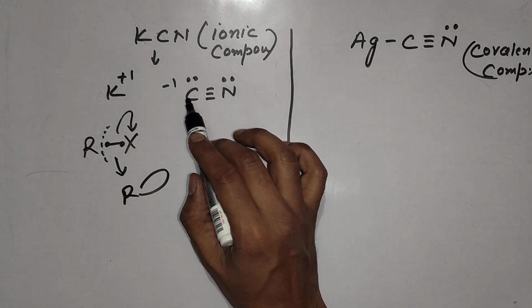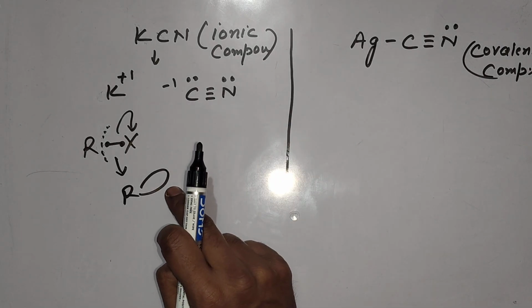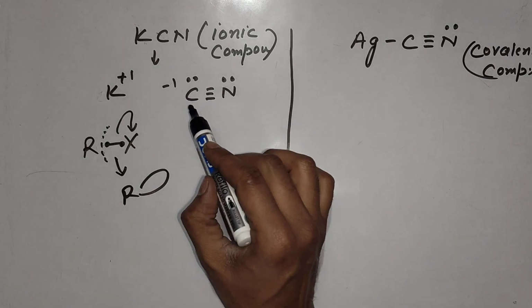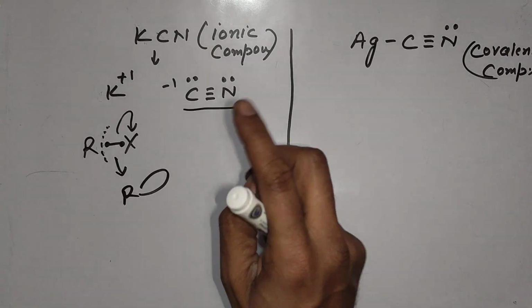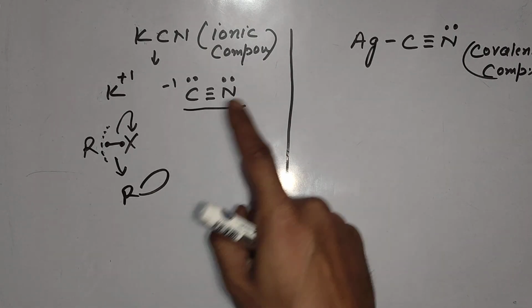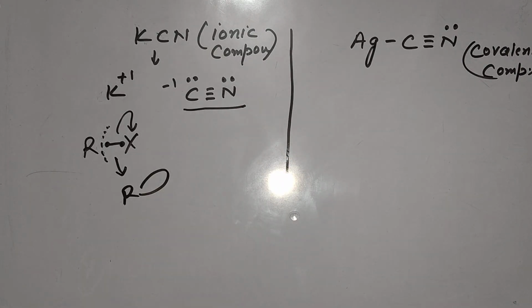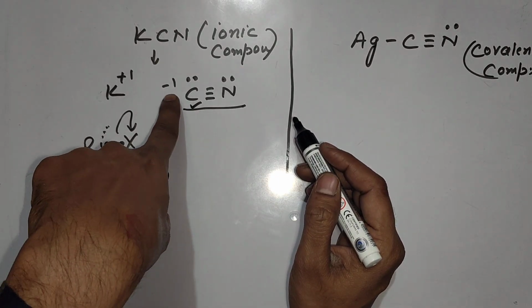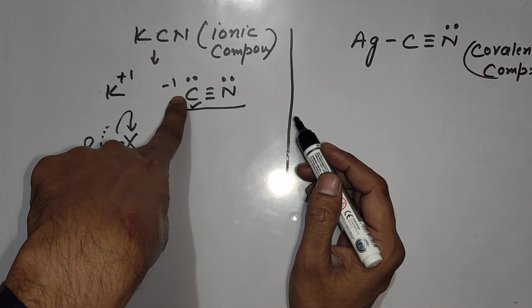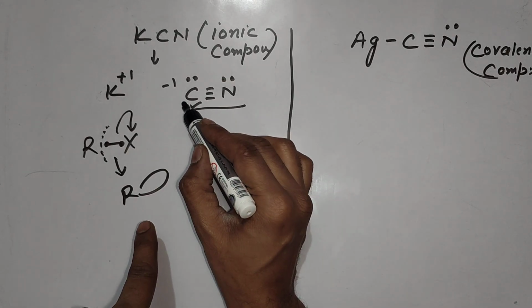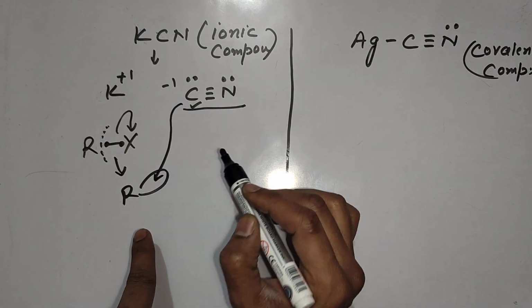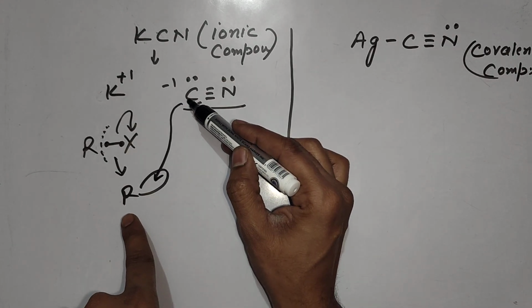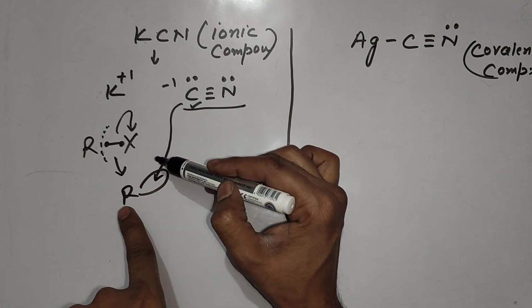Now it requires electrons. Nucleophile can provide electrons. Here we have the nucleophile. But in this nucleophile, two atoms are there which can donate electrons, nitrogen and carbon. Which atom is in the best condition to provide electrons to it? Carbon. It is carrying a negative charge, unstable it is. That's why it is ready to donate electrons to R. And the second reason is the bond generated will be between carbon and carbon.